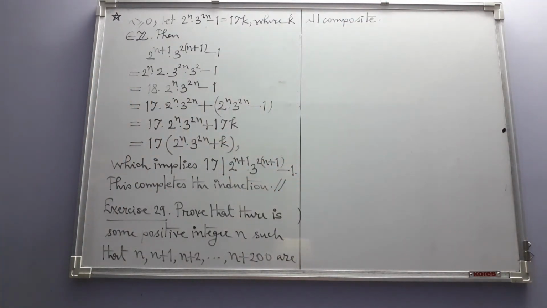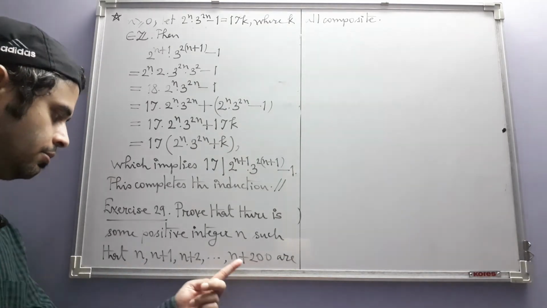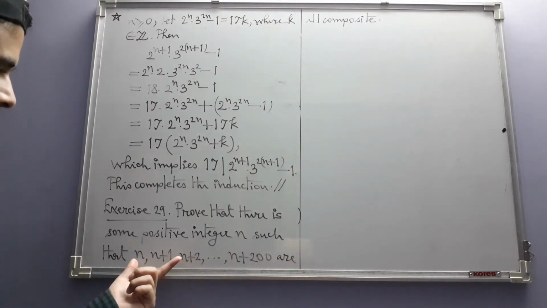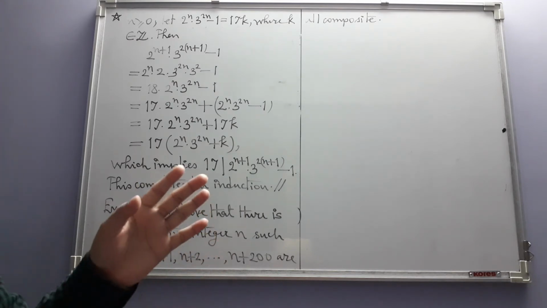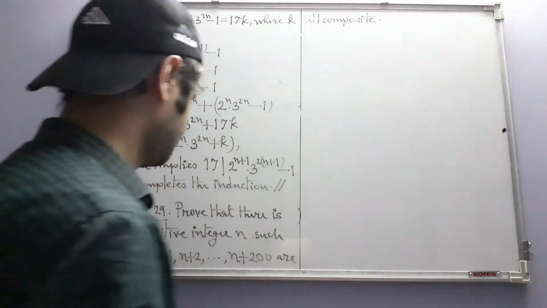Okay, so for some choice of n, all these numbers will be composite, which are, if you see, 201 consecutive integers.